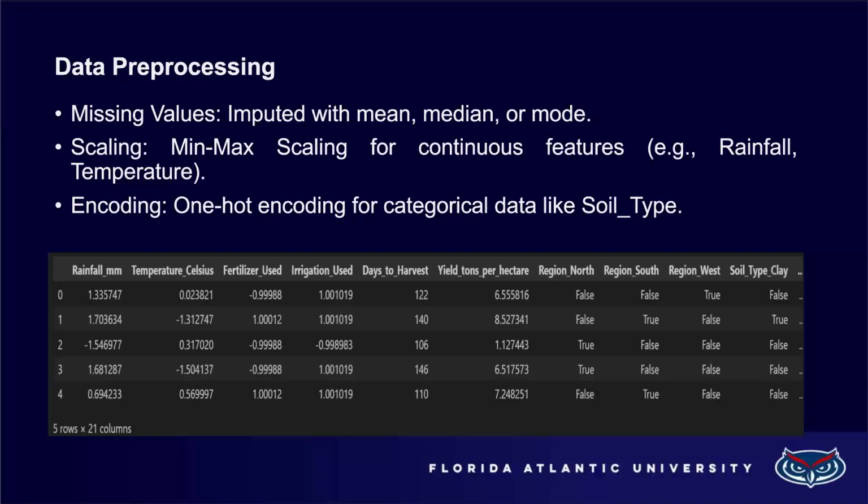After completing the EDA, we'll move on to the data pre-processing part, where we first find out the missing values present in the data set and impute them with different strategies like mean, median, and mode. Then we'll use the one-hot encoding strategy for encoding the categorical data like soil type, weather condition, and region.